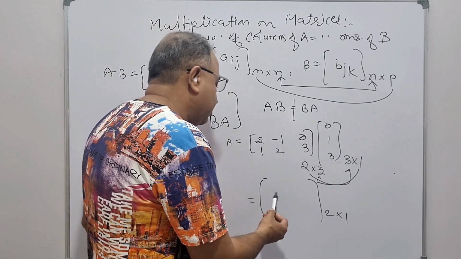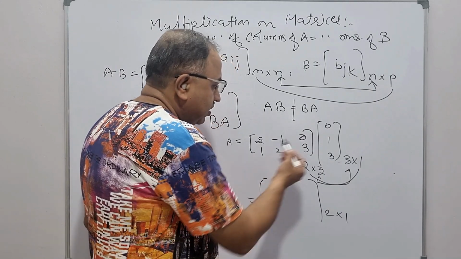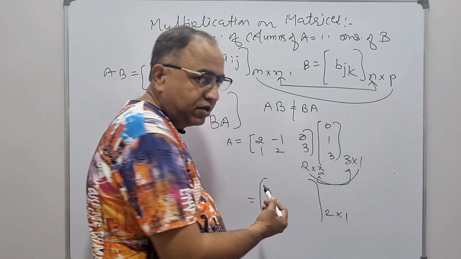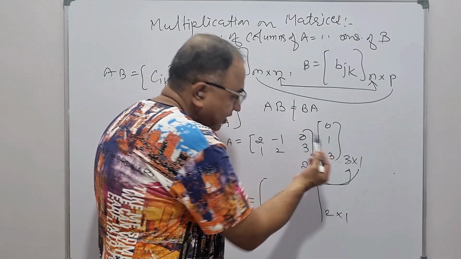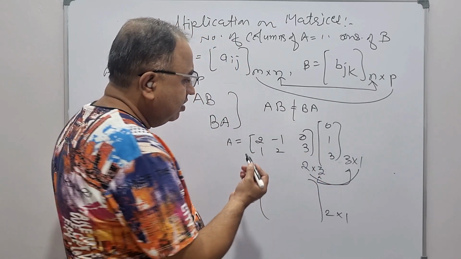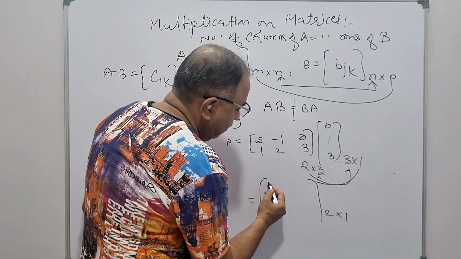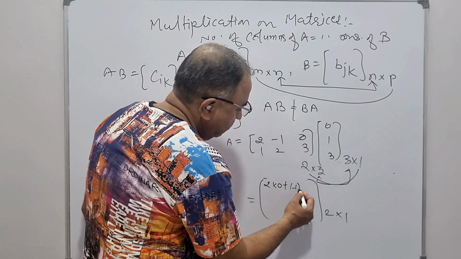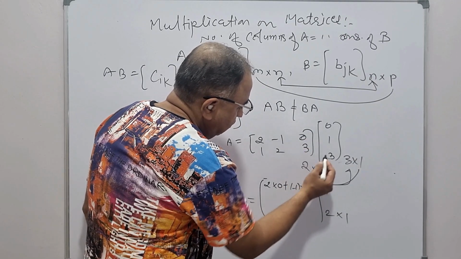We multiply the corresponding entries, first entry of row by first entry of column, second entry of row by second entry of column, third entry of row by third entry of column. The result is the entry here. So 2 into 0 plus minus 1 into 1 plus 0 into 3.